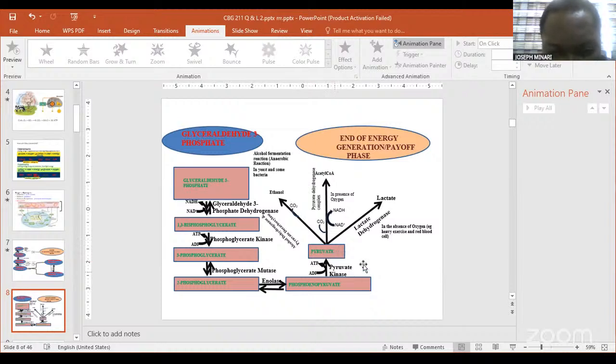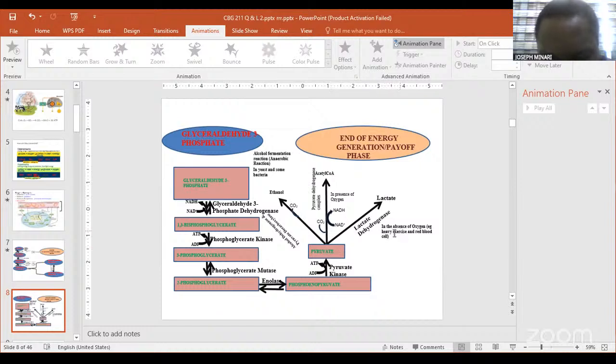So this pyruvate marks the end, where glycolysis ends. There are different fates of pyruvate in the presence and in the absence of oxygen. In the absence of oxygen, one possibility is that lactate dehydrogenase converts pyruvate to lactate.